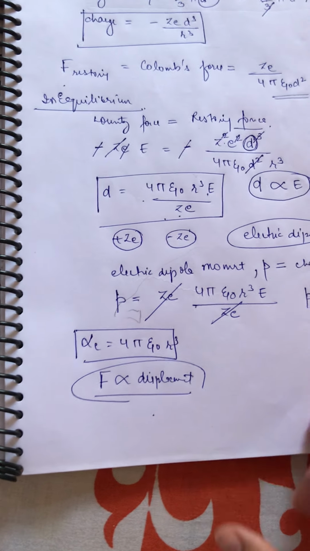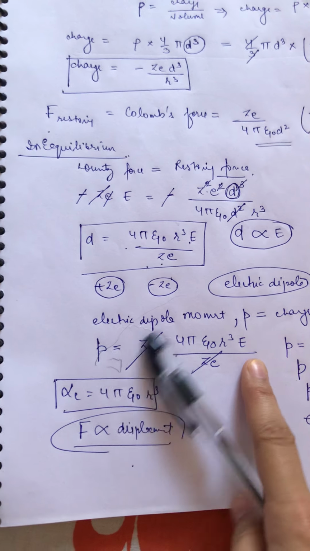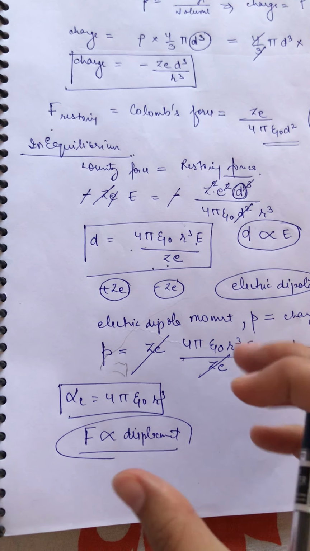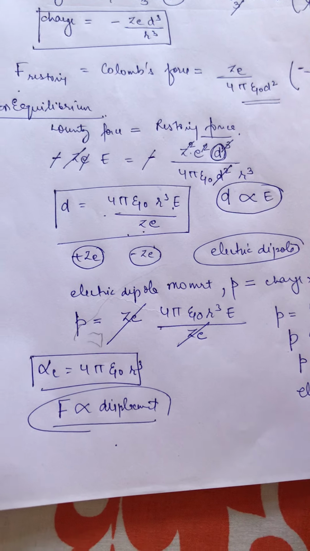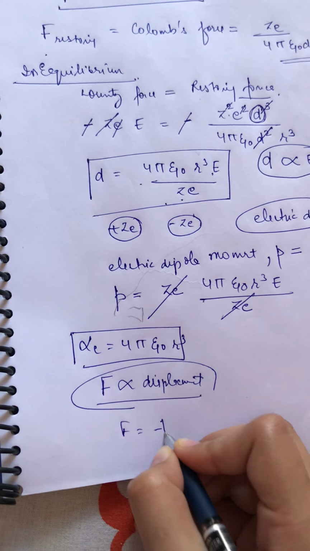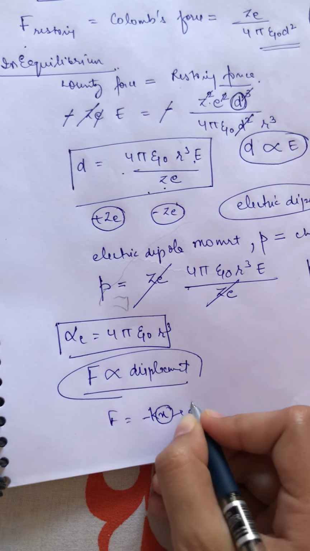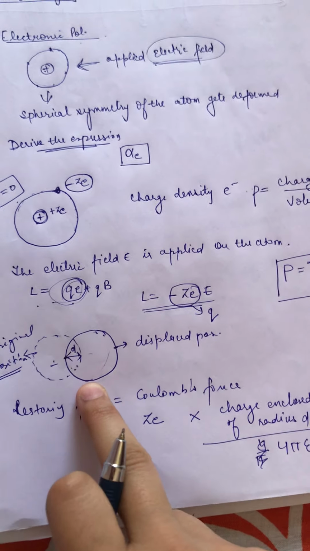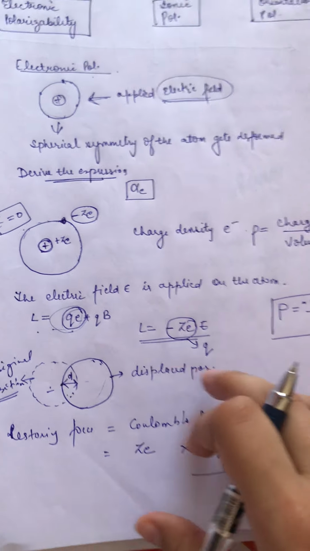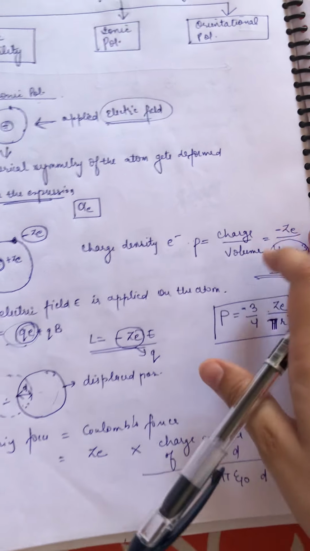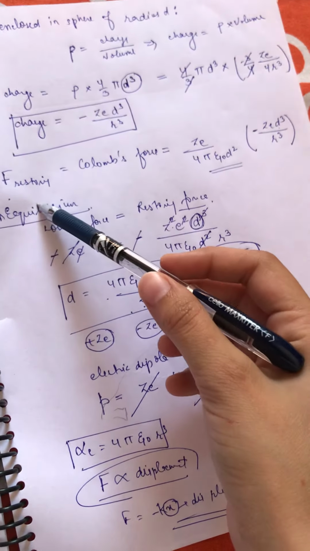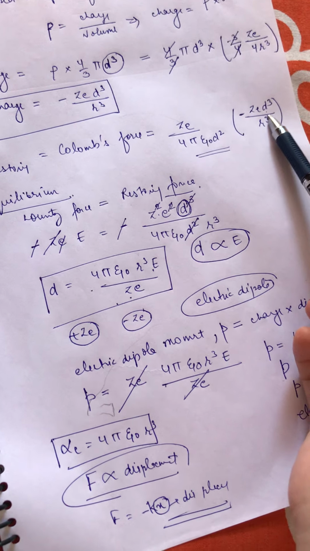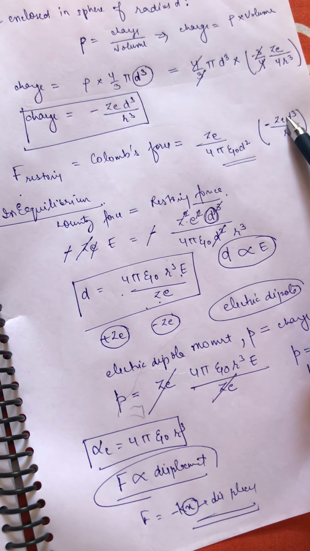Therefore we can consider this system as a harmonic oscillator, where F is equal to minus kx and x is the displacement. We can consider this system as a harmonic oscillator because the restoring force is directly proportional to displacement d.